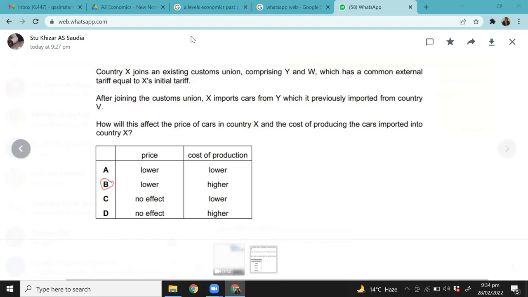Why is the part of the customs union going to cause the extra import from Y without any tariff?